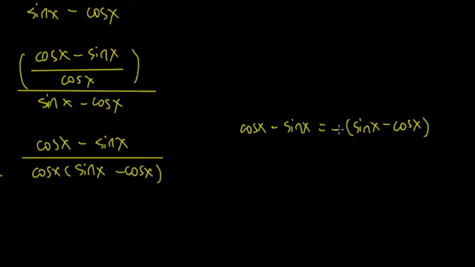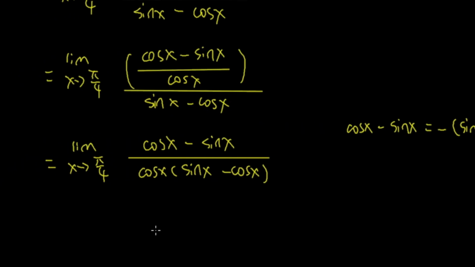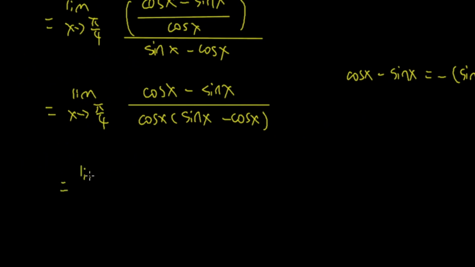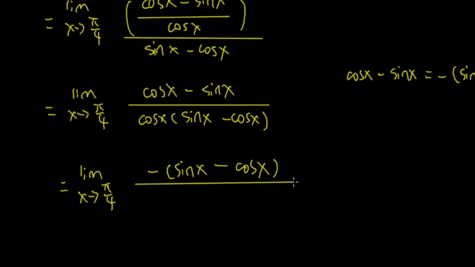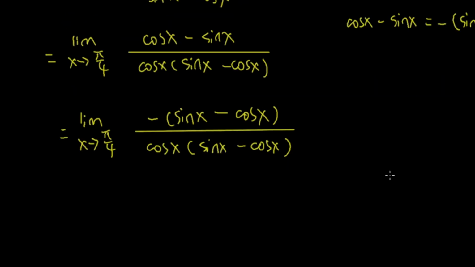Right? So negative, and then negative times negative becomes positive, right? So it's the same as this. So we can rewrite this into this. That's equal to limit as x approaches pi over 4, negative sine x minus cosine of x divided by cosine x times sine x minus cosine x.